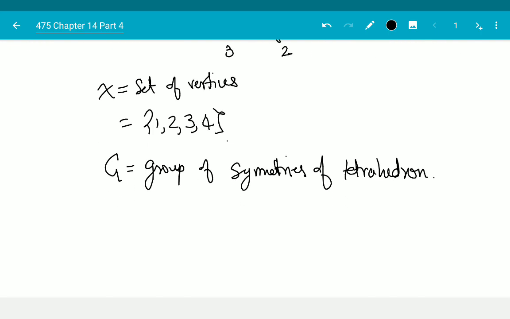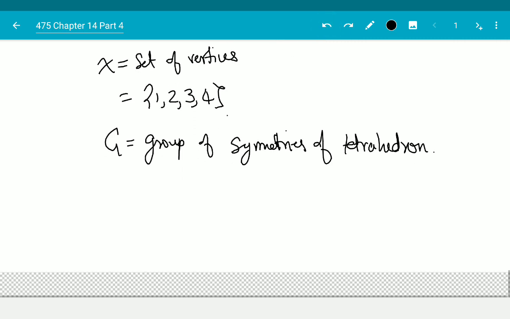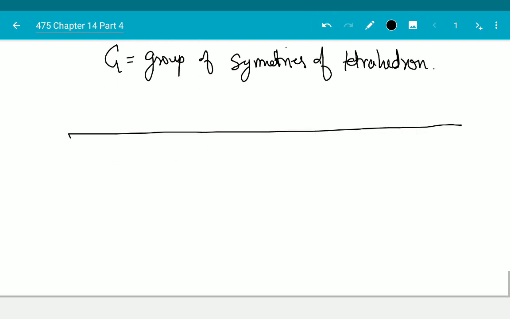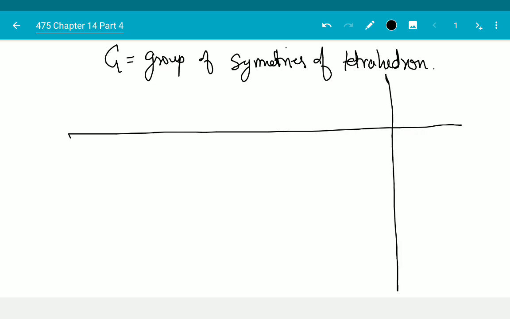And we have our first big problem. How many symmetries does a tetrahedron have? What can we find? Well, let's try to do it as we always do. Try to find out the rotations and then try to find out the reflections. So, oops. Let us try to find types of symmetries.